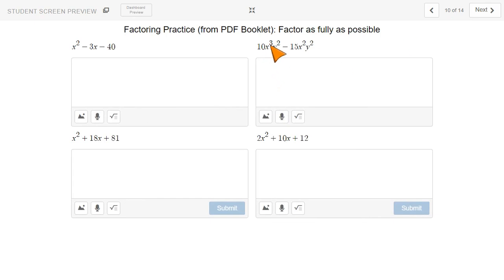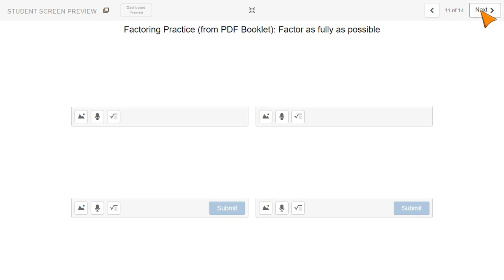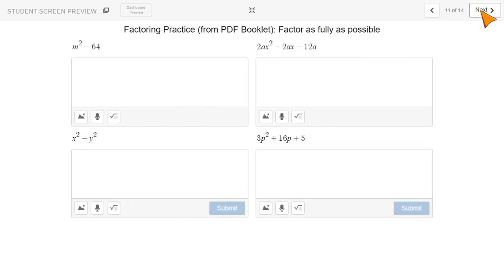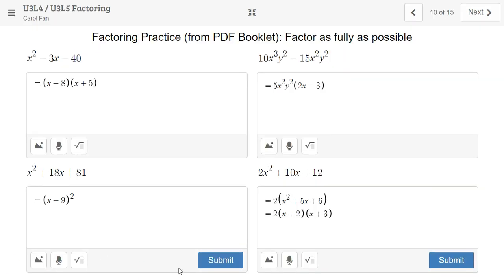Right, the next slides, you're going to practice some of these questions and I will post the answers for these 4 slides shortly. Okay, here's the solutions for the last 4 slides.